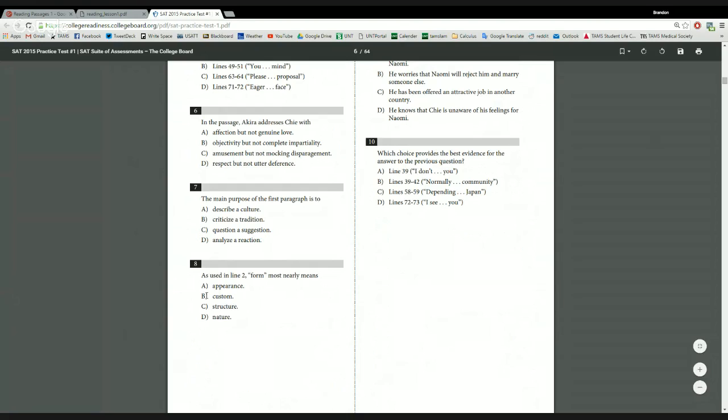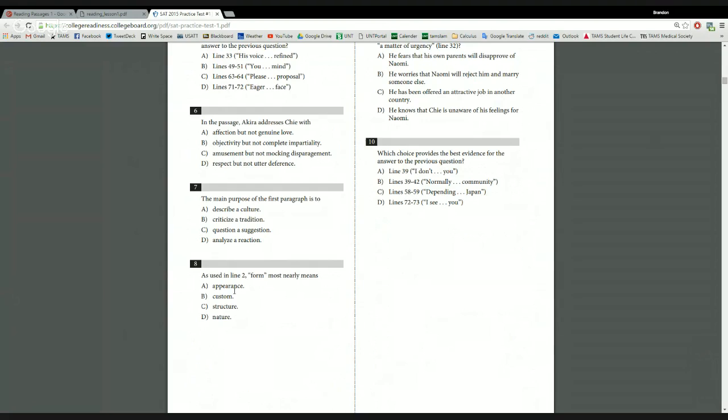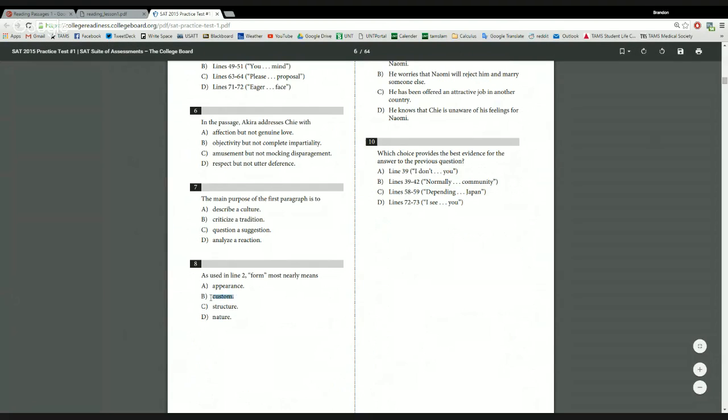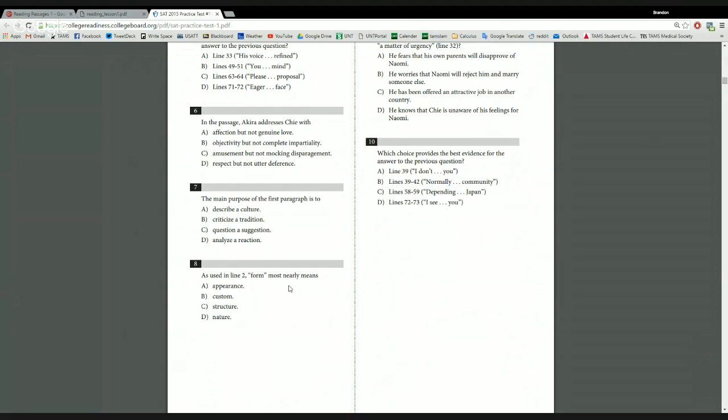It would be a custom actually, because in a tradition you would follow a custom as if you're following a procedure or something given a task. So the more correct answer here would be custom. And always use that rule with a vocab question. Think to yourself, what could it be, and look at the answer choice to see if it matches.